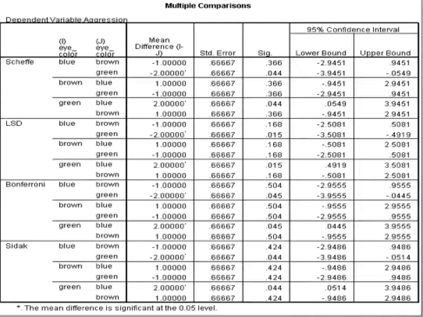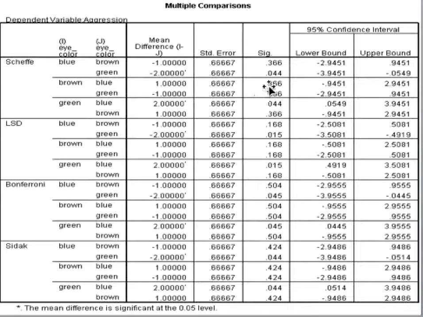What SPSS does for you, though, is it makes those adjustments and gives you an adjusted p-value. So again, I'm really just looking for anything that's less than 0.05. In this, I did the Scheffe test, which can get pretty strict, the LSD, which you only use when you have 3 groups, the Bonferroni, and then the Sidak.